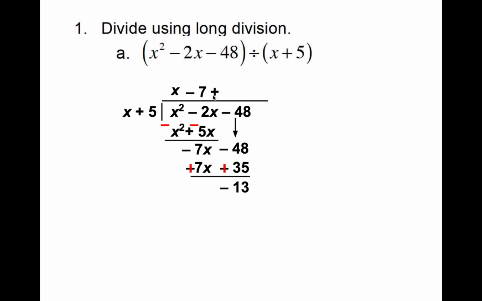So I'm going to put a plus negative 13 over what I'm dividing by, x plus 5. And this whole thing is my answer. Another way you could have written this is to put x minus 7 minus a positive 13 over x plus 5, but I find that some people get a little bit confused.